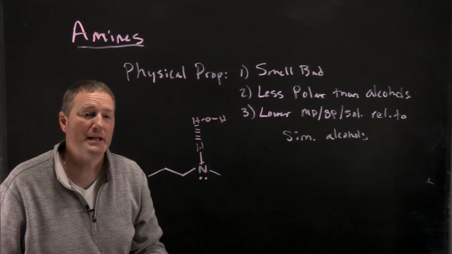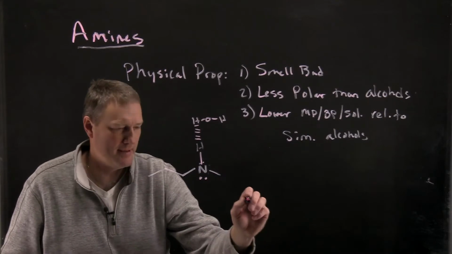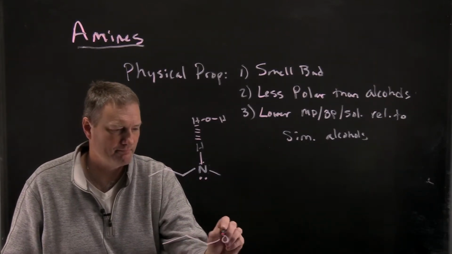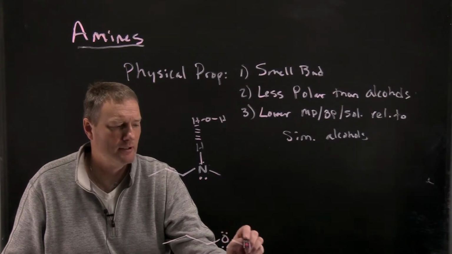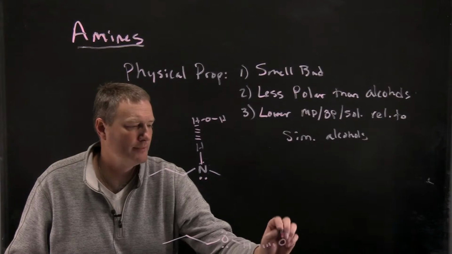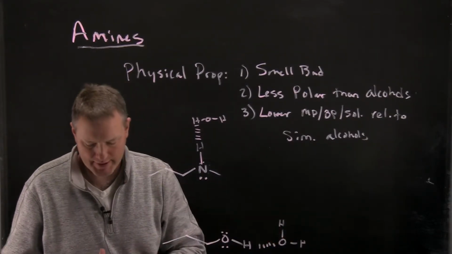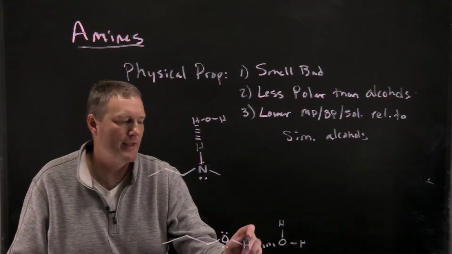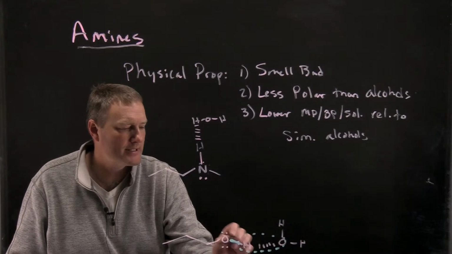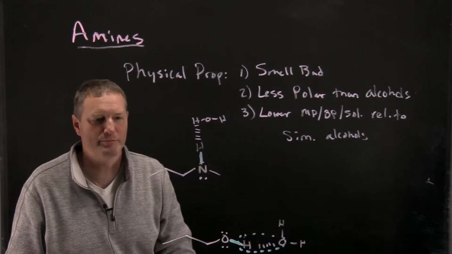that hydrogen bond does exist. However, it's going to be a little bit weaker than a similar hydrogen bond if we looked at an alcohol. This hydrogen bond to water, between the hydrogen of the alcohol and water, is a more polarized bond, so it will tend to be stronger than an NH bond.